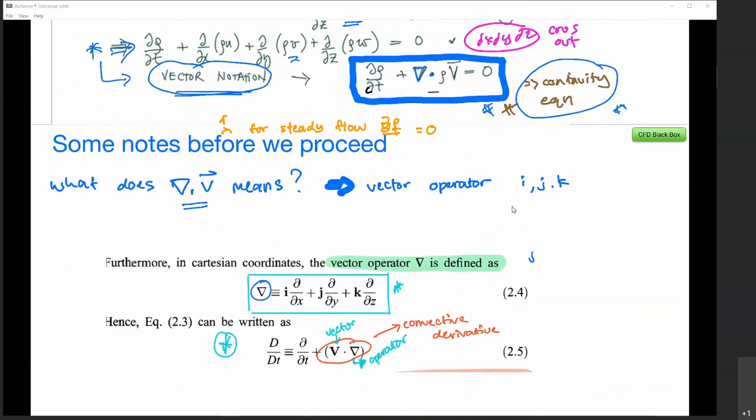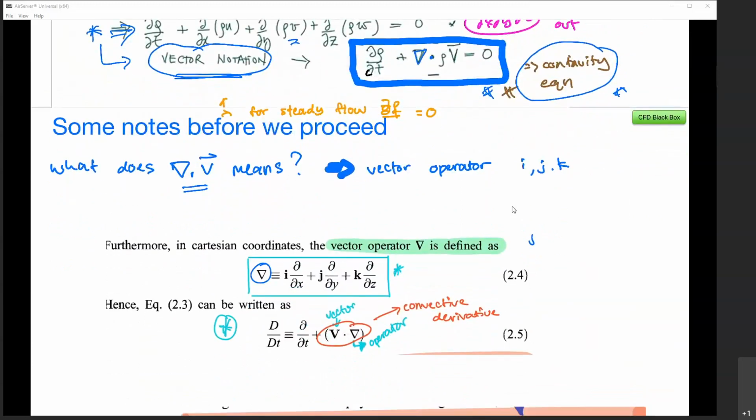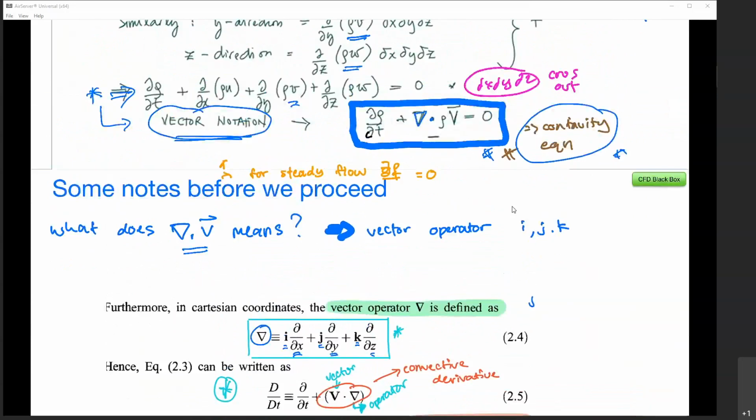So these vector notations basically refer to the i, j, k components of the partial derivative of each of them: d over dx, d over dy, and d over dz. So that's how we can write our continuity equation such as this.